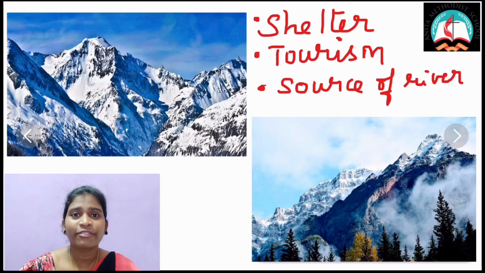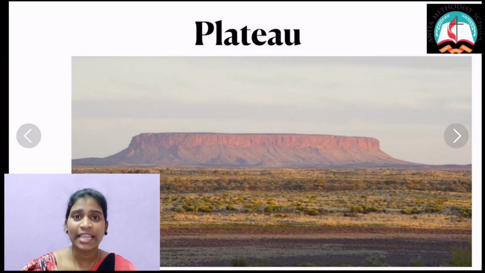We all love to be there. Yes or no? Many people come there only to enjoy the weather. Some of the hill stations we have here in Tamil Nadu are Udagamandalam, Yelagiri, Yercaud and Kolli Hills.